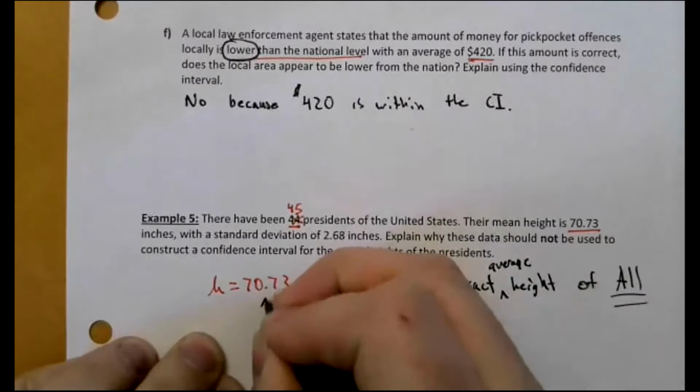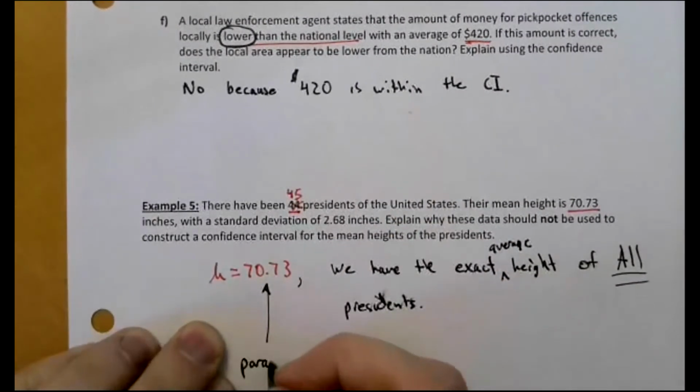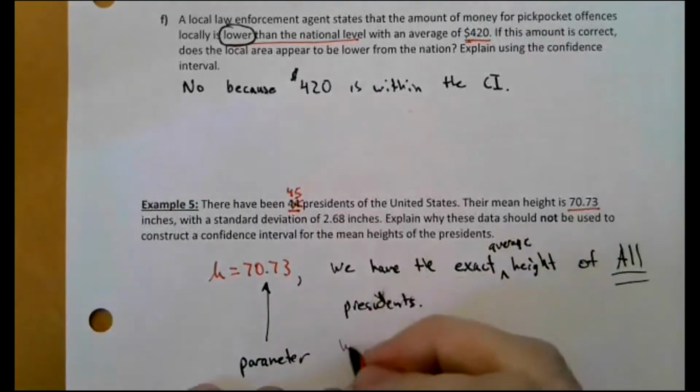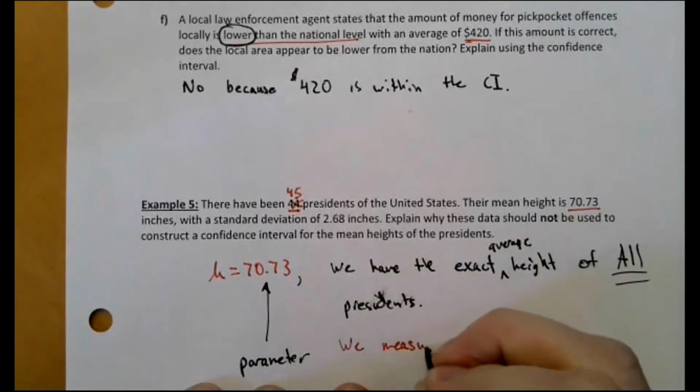In other words, this is a parameter, and we construct confidence intervals to make a guess at what the parameter is because it's too difficult to actually measure the population. So maybe that's a better thing to say here. We measured the population.